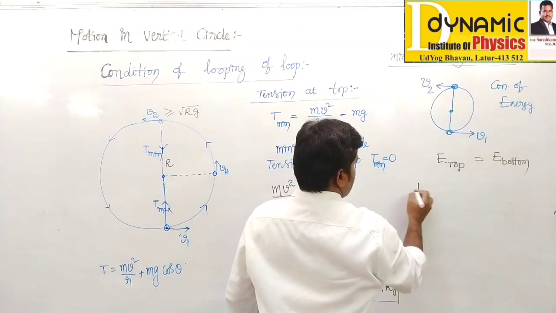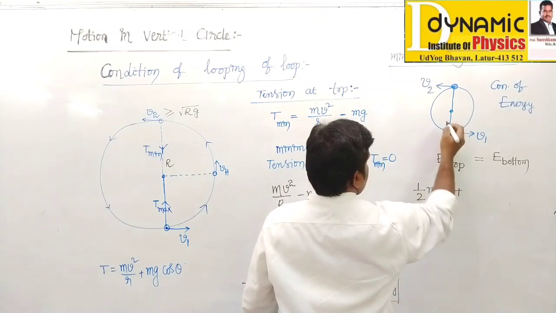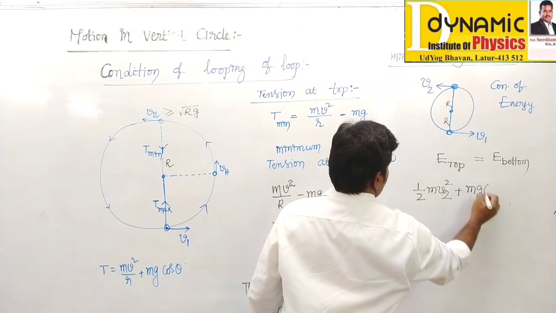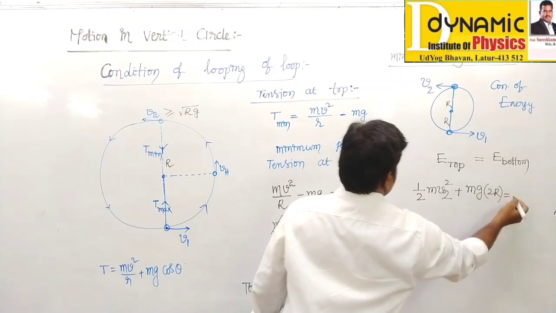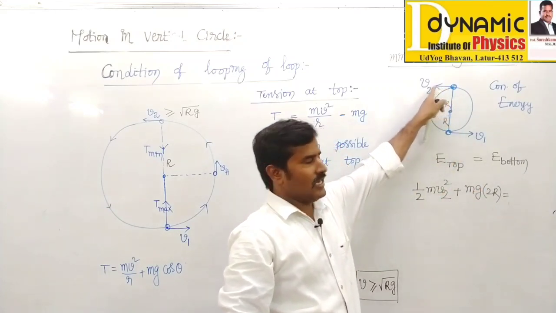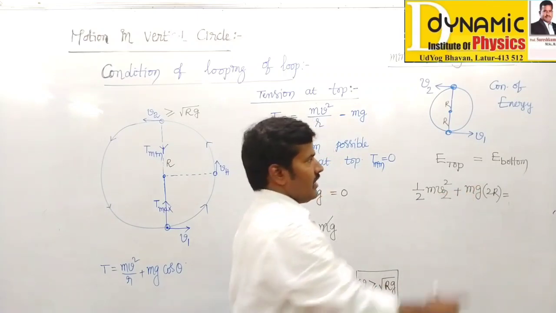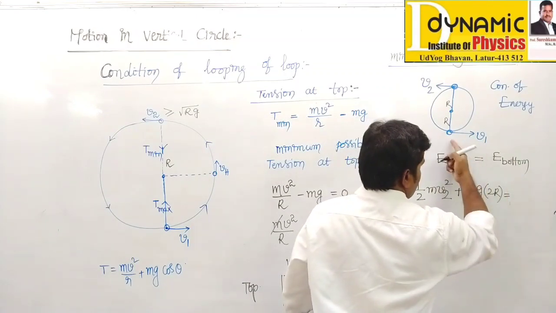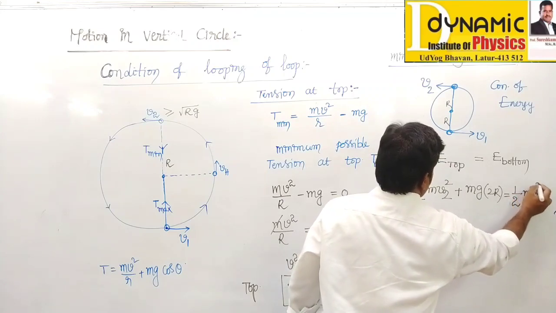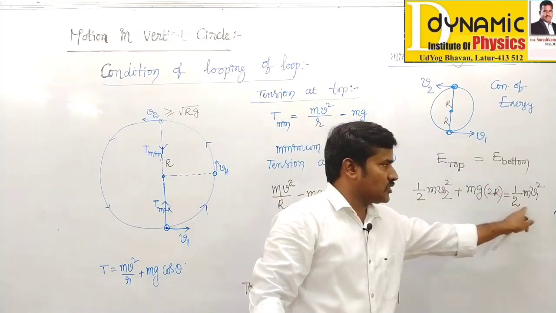The topmost position energy is written as half m v2 square plus the potential energy mg into 2r, since the height is 2r. So this is the kinetic energy plus potential energy at the topmost position. The energy at the bottom position is only kinetic energy, half m v1 square, with no potential energy.